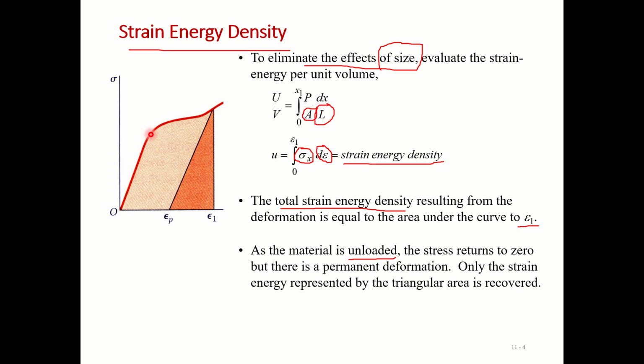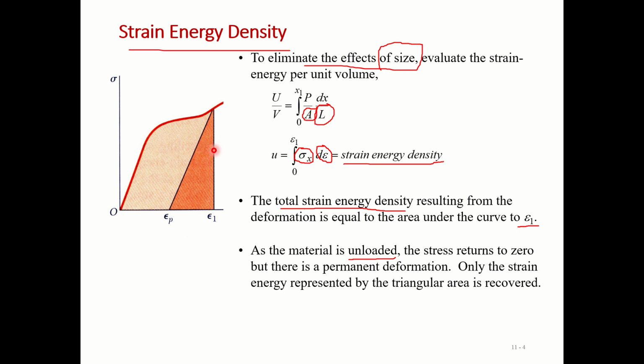But if we cross the yield point and move to this point and then we unload, the stress will be equal to zero, but there will be some permanent deformation and permanent amount of strain, which is called the plastic strain.